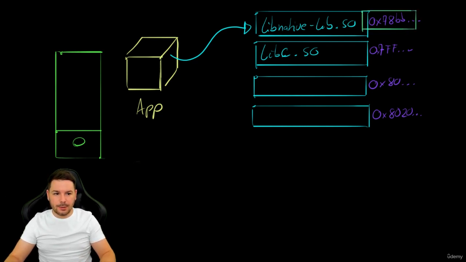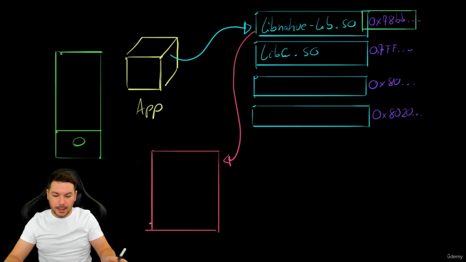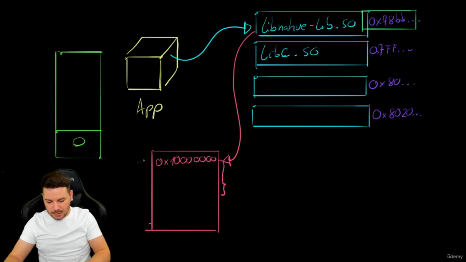And therefore, what Ghidra is doing is the following. Ghidra is loading this library into its tool, and Ghidra is providing a base address. For example, 0x10000000. And from this point on, everything will be aligned. And it will be all the time the same based on this. This is the base address.